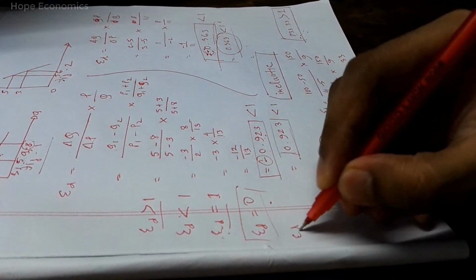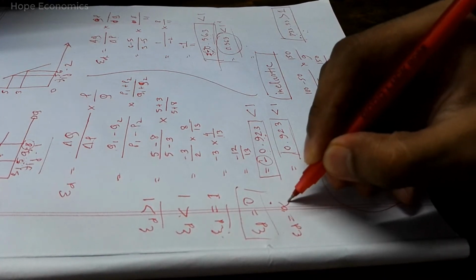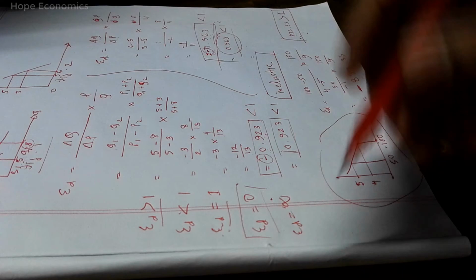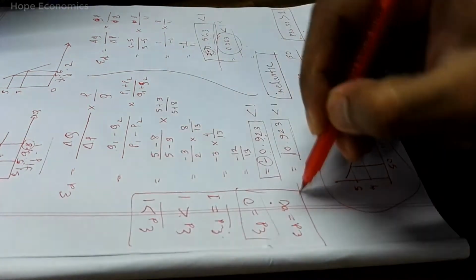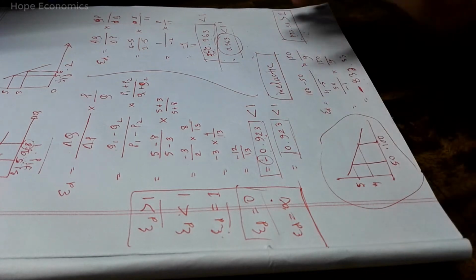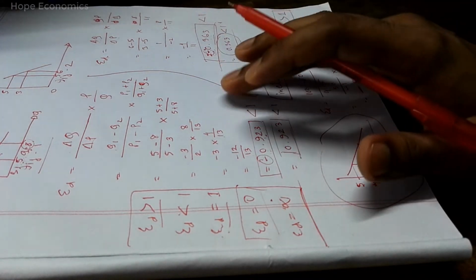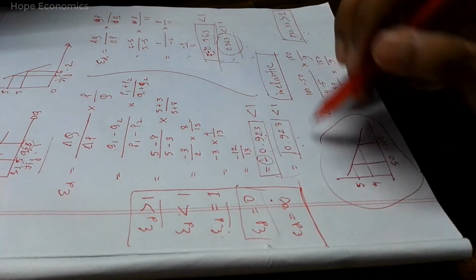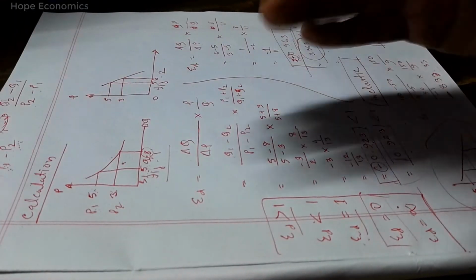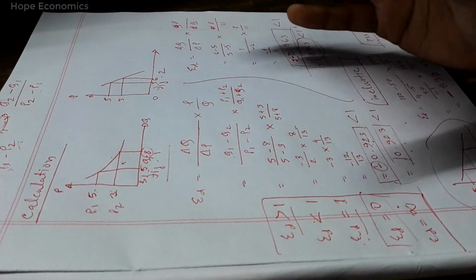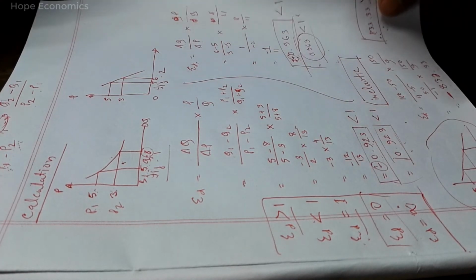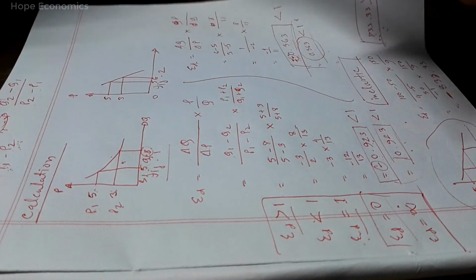And if the elasticity of demand is equal to infinity, that will be considered perfectly elastic. So these are the five key values of elasticity of demand, and we will use them further, and you can use them to compare the mathematics of elasticity of demand and find out whether a product is elastic or inelastic.